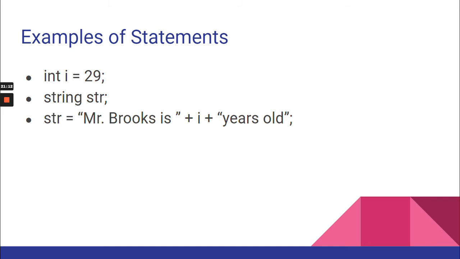The string Mr. Brooks is, and we're going to add I. I has a value of 29, so we'll just concatenate 29 to the end of that, so that it says Mr. Brooks is 29, and then we're going to concatenate years old to the end of that. So the final value of the expression is a string that says Mr. Brooks is 29 years old, I wish. And then we take that final value and we assign it into string, or str.